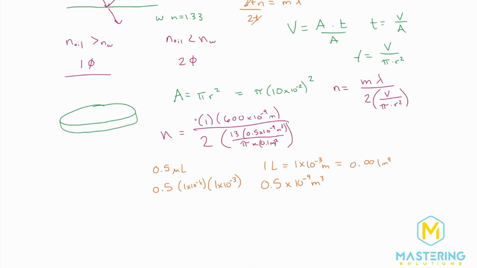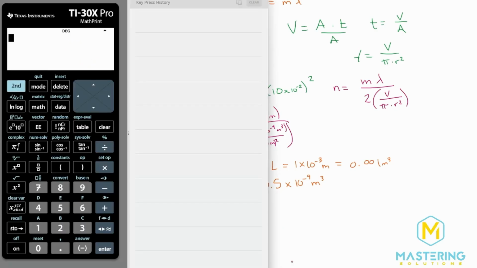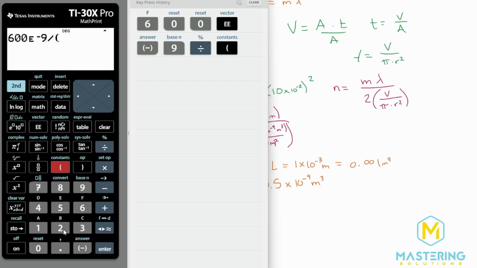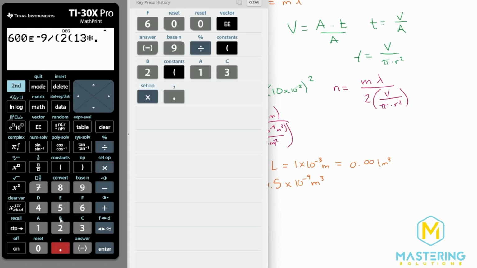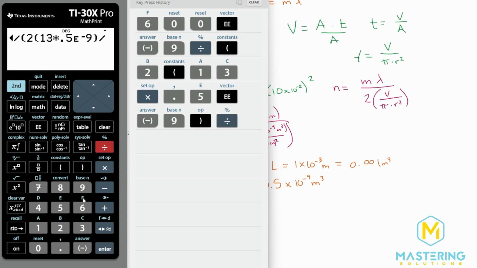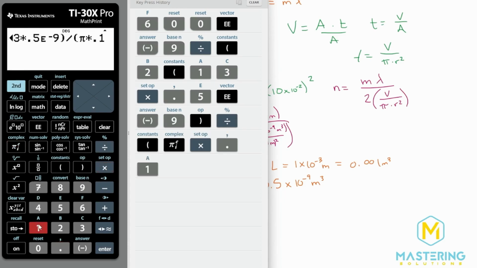Okay, so now we have our full equation. Let's plug this into our calculator and see our final answer. So we have 600 times 10 to the negative 9, and that's divided by 2 times 13 times 0.5 times 10 to the negative 9 for the volume times 13 drops, and then that is divided by the area, which we said was pi times the radius, which is 0.1 squared.